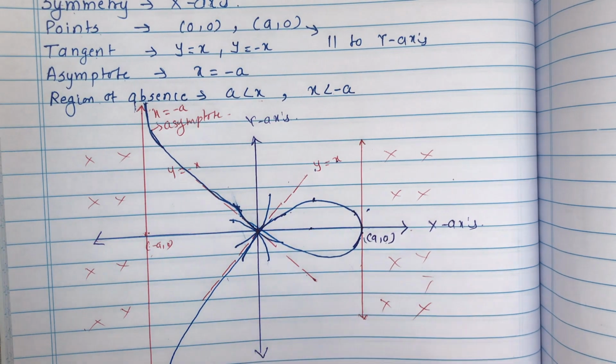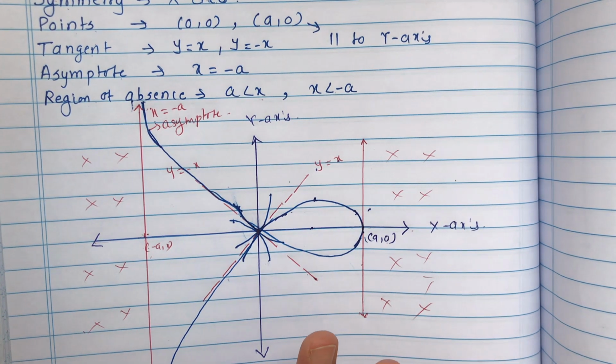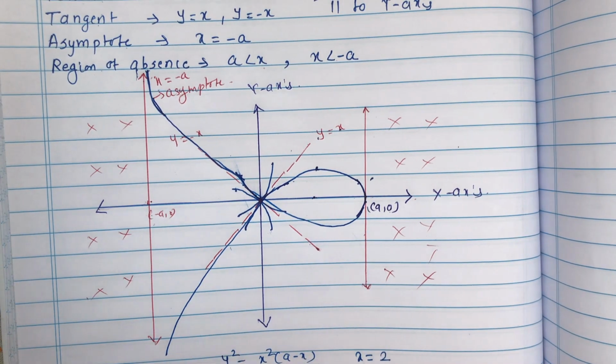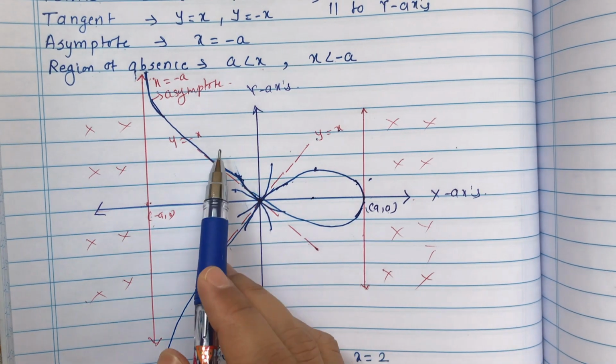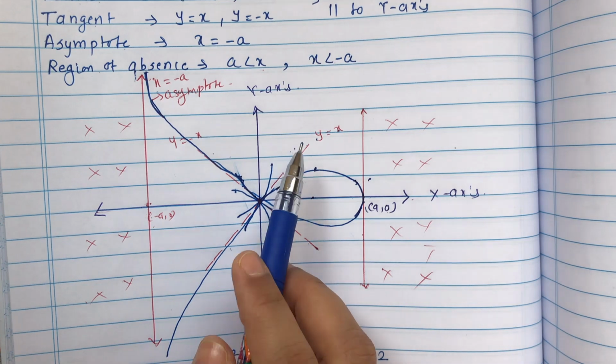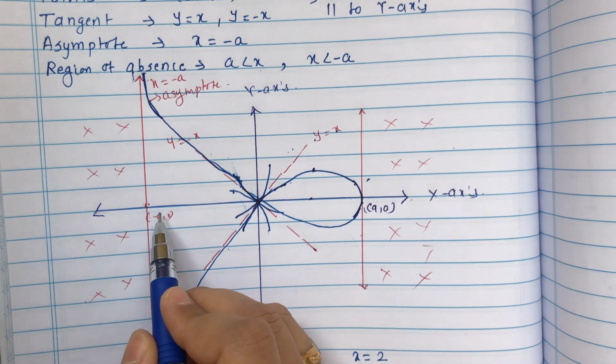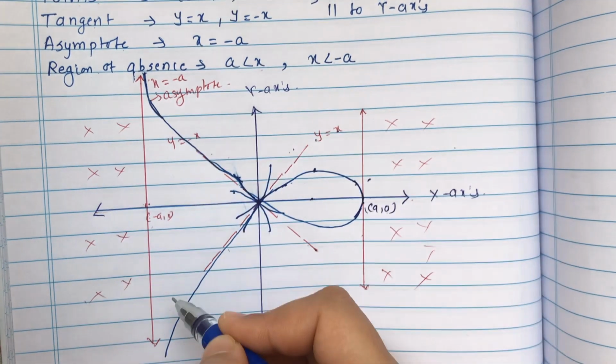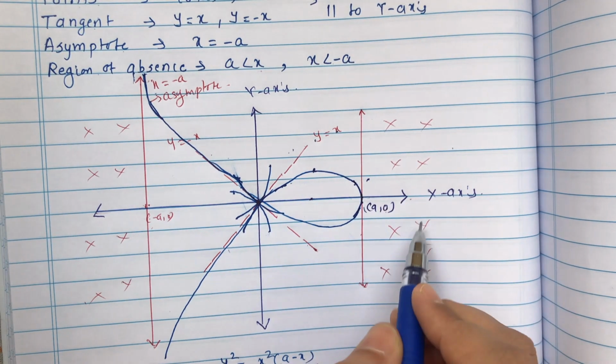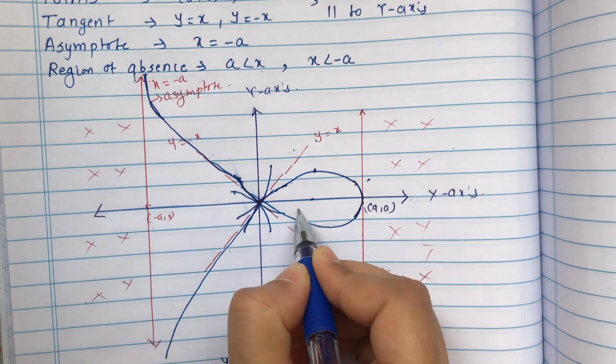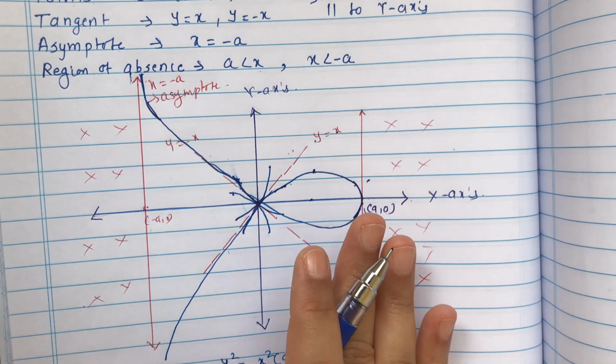So this will be our curve. I will repeat, we will first use symmetry, then plot the points, then draw the tangents, then shade the region of absence, and then draw the actual curve.